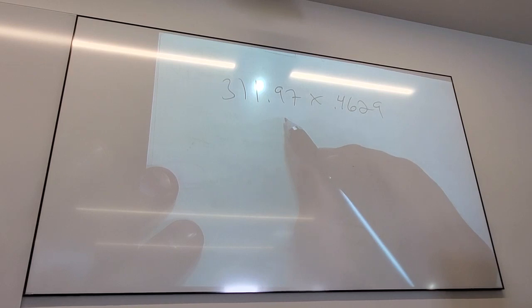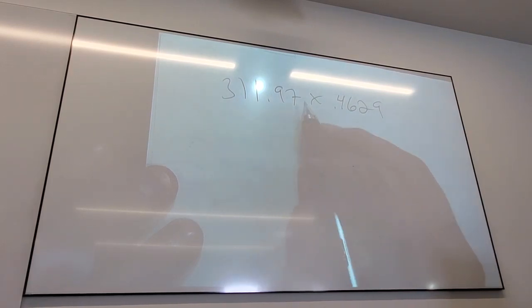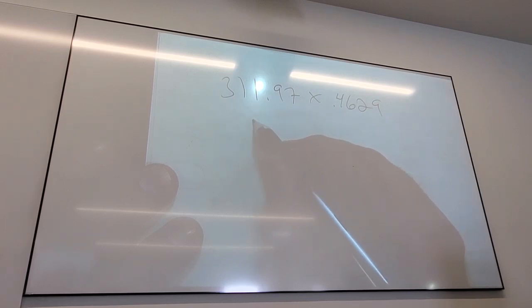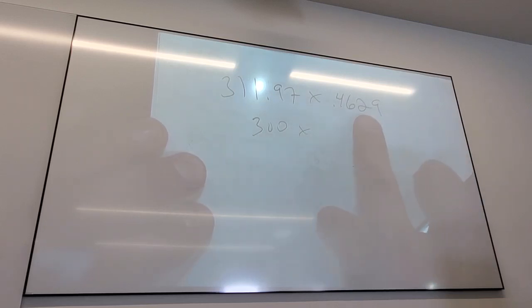So 311.97 is roughly what? Nice, beautiful, very round number. 300, right? 0.4629 is closest to what single digit decimal?